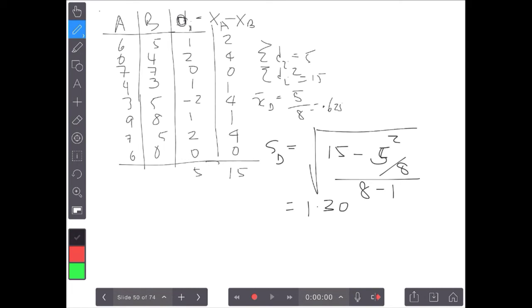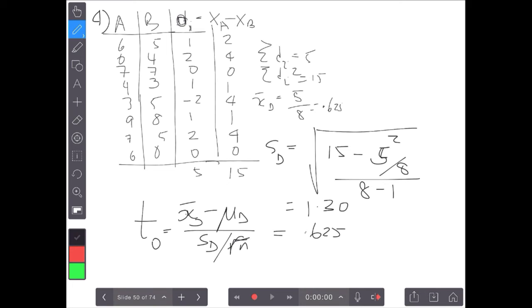So this was actually step 4. I did not name it, the analysis. So t observed is x bar d, the average difference, minus mu d, over s d over the square root of n. So our sample mean difference is 0.625. H0 will give us the value of mu d, which is 0.